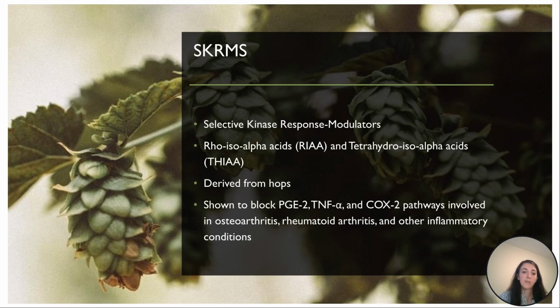They are derived from hops, and they've been shown to block the pathways involved in arthritis and other inflammatory conditions. You will probably get some if you drink hop tea, for example, but to get a really therapeutic dose, we typically use a supplement where these particular compounds have been isolated from hops.